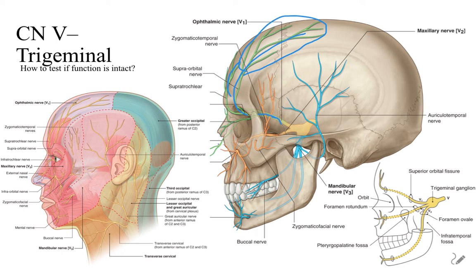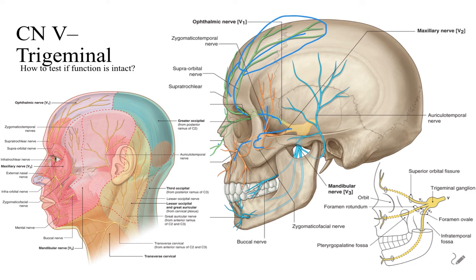And I'm not going to cover all of the specifics of it here. The second branch, which would be the maxillary nerve, is that orange one that's coming out here. And that is also going to supply strictly sensory innervation to the areas that you see.